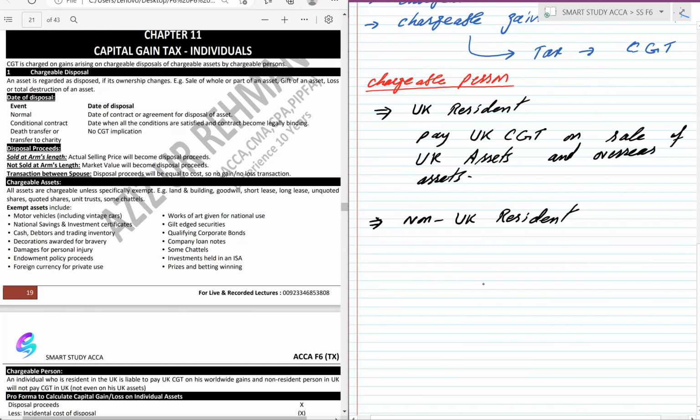If an individual is UK resident, that individual will pay capital gain tax in the UK on sale of UK as well as overseas assets.